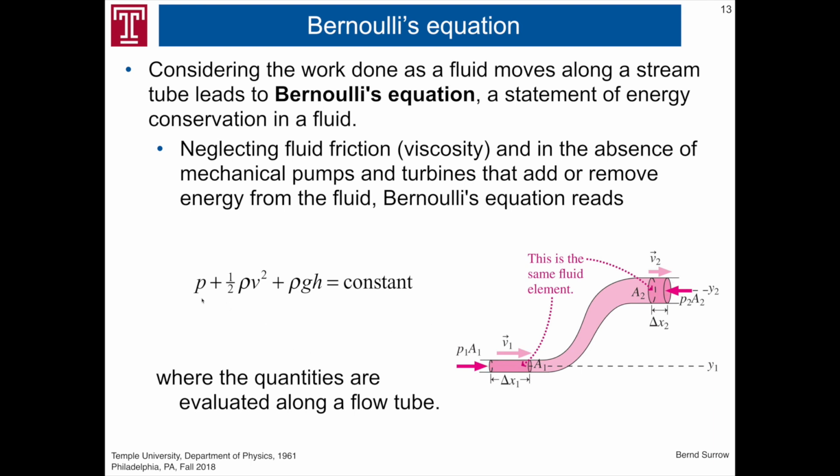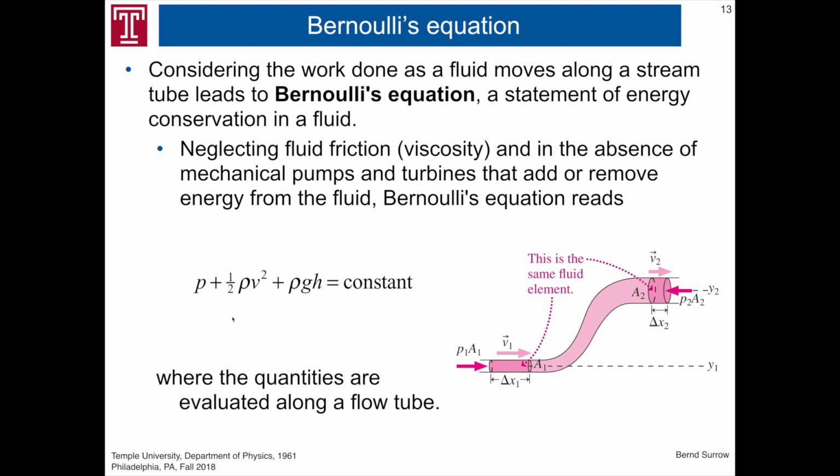Then the Bernoulli equation states the following: that the sum of the pressure, for example the pressure here in this pipe section, plus half times the density times V squared, namely the velocity, plus the density times g times h, so h referring here to that vertical location Y1, Y2 here, is a constant.